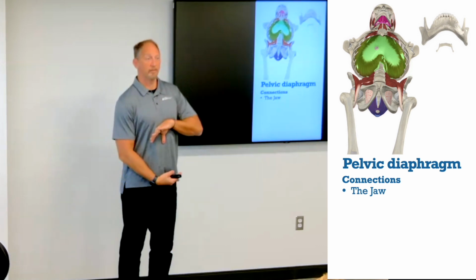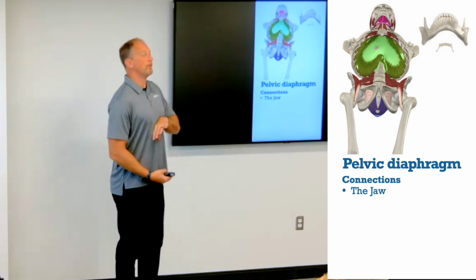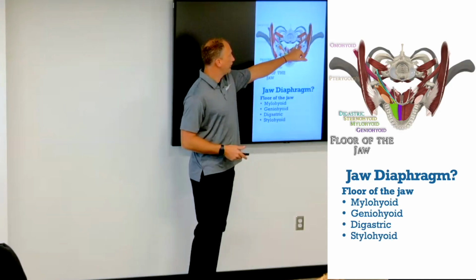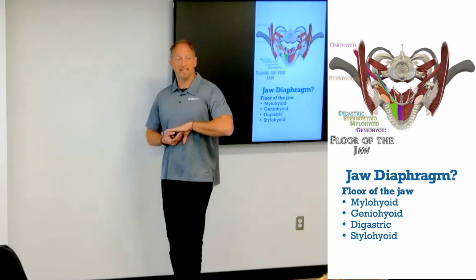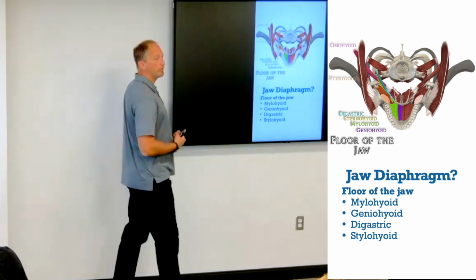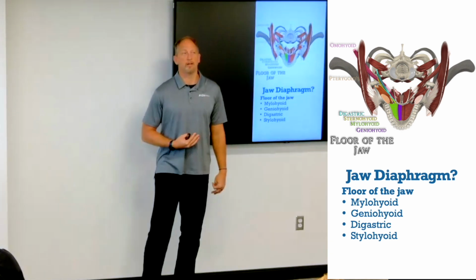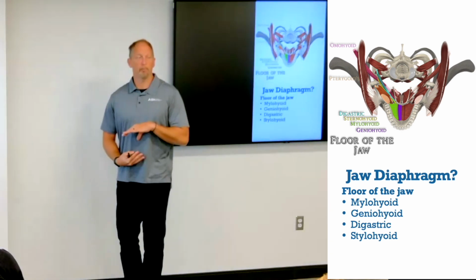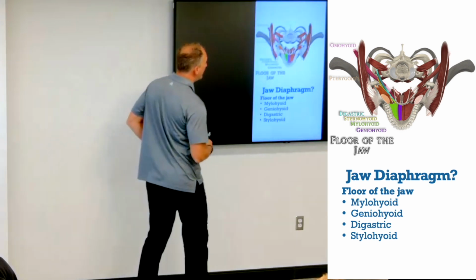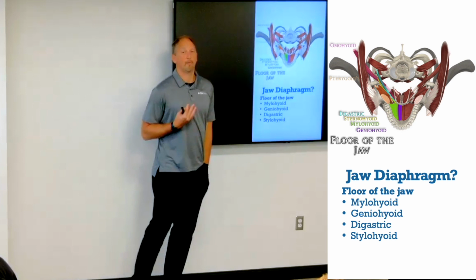If we take out the pelvic floor, there's nothing there. So the muscular floor of the jaw, the muscular ceiling of the diaphragm, the muscular floor of the pelvis, all three have to work together to create appropriate pressures and to create support in these areas. If they can't, we're going to have problems.